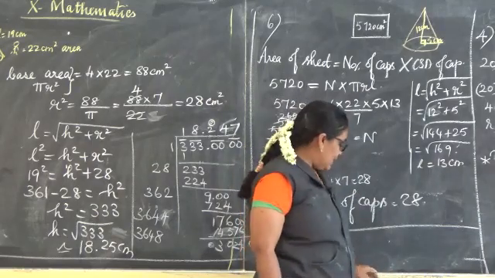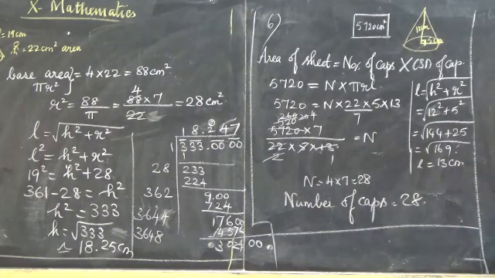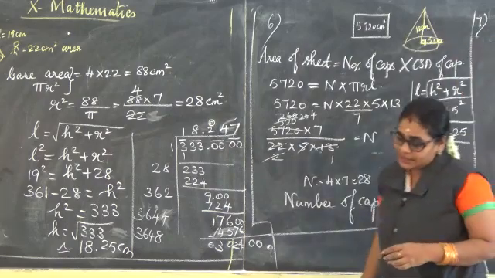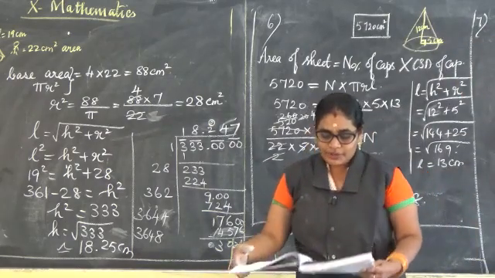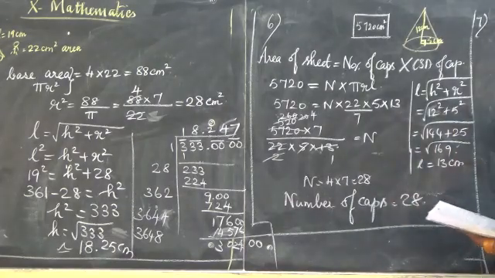Now come for the last sum. 7th sum for cone. Seventh sum states the ratio of radii of two circular cones. We have two cones, first cone and second cone.